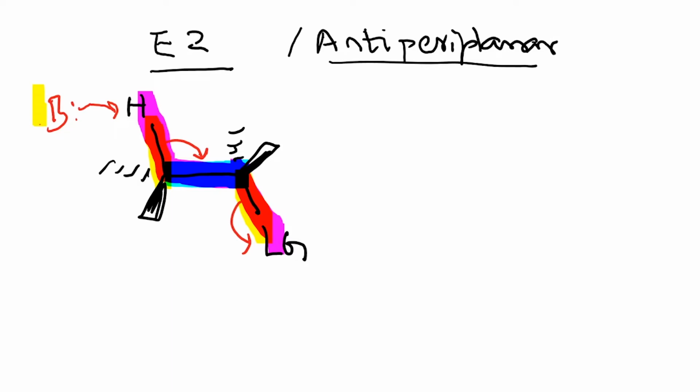Now, when I want to use this information for explaining the distribution of products, I'm just going to take an example that helps you reason this out. The example is the following. We start with this particular alkyl halide, so you have hydrogen here and hydrogen, phenyl.